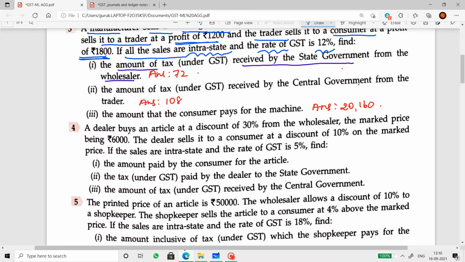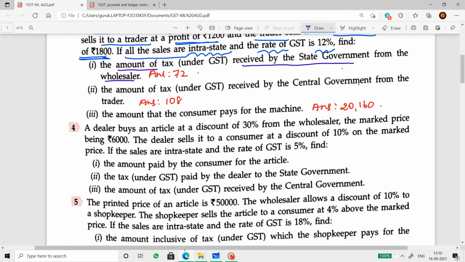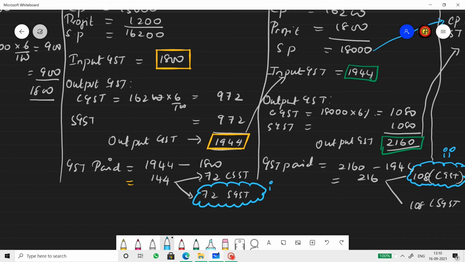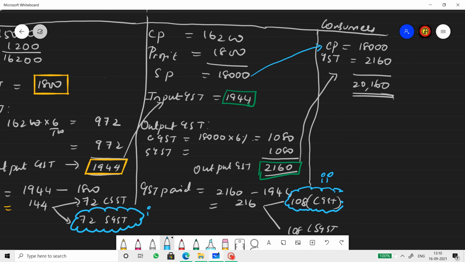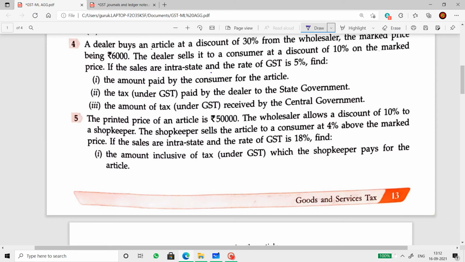Now let's do the third subdivision. The amount that the consumer pays for the machine. Okay, so that is the ultimate consumer. That means the last one. Yes, that is also right. So 20,160 is Roman number 3. Hope this is clear to you all. Let's do the next question. Here I go with the second question. The fourth question as per the book.